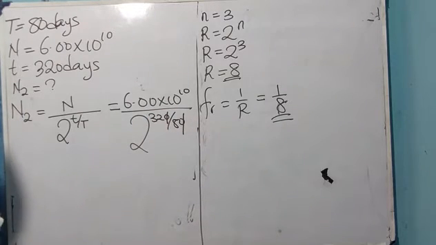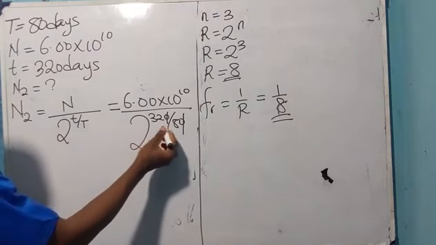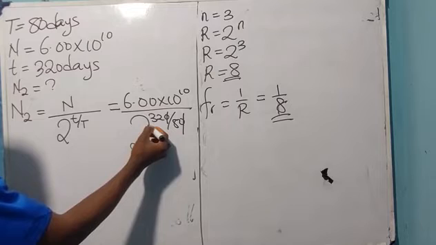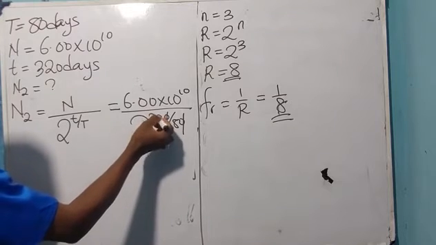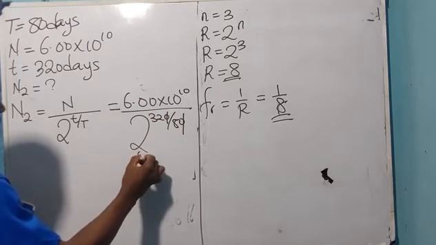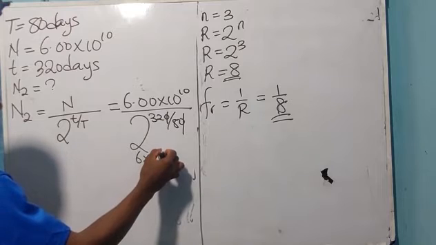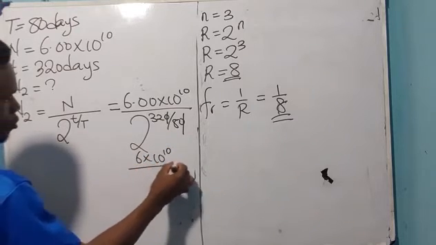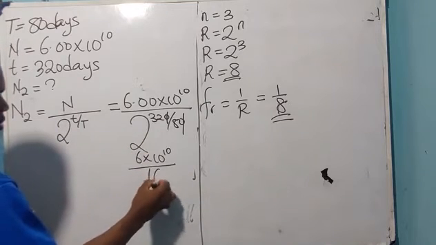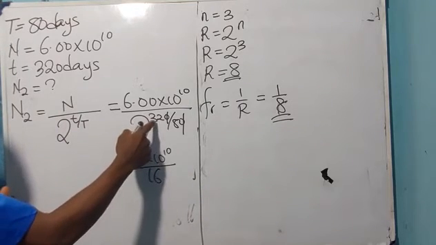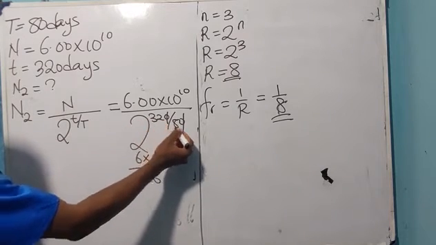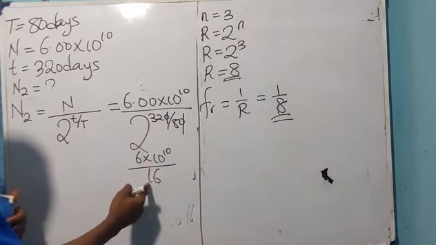Therefore, 320 divided by 80 is 4. So 2 raised to power 4 is 16.